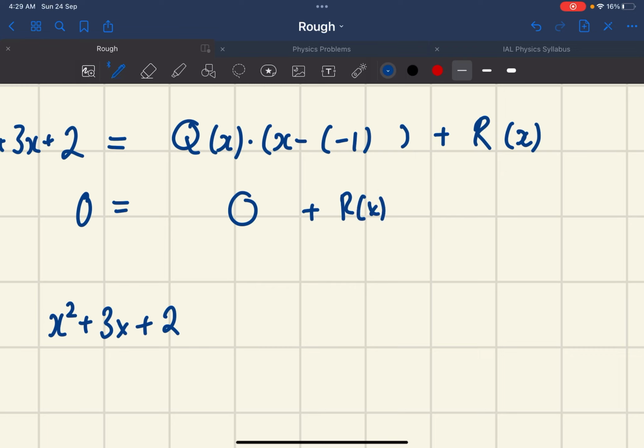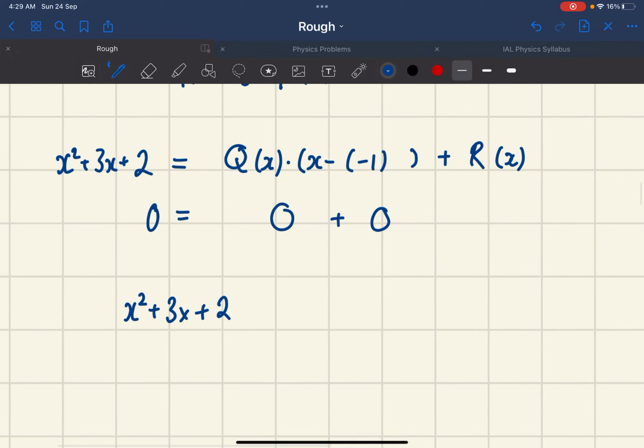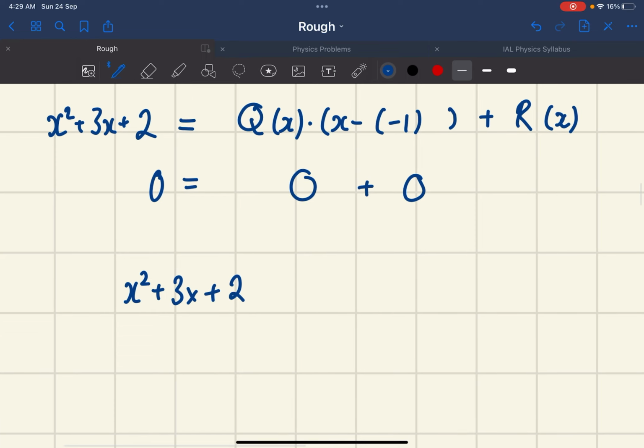And we have r(x). Now r(x), let's let it become 0, right? Because that's as small as possible. It is the polynomial that satisfies this equation, plus it has the smallest degree.